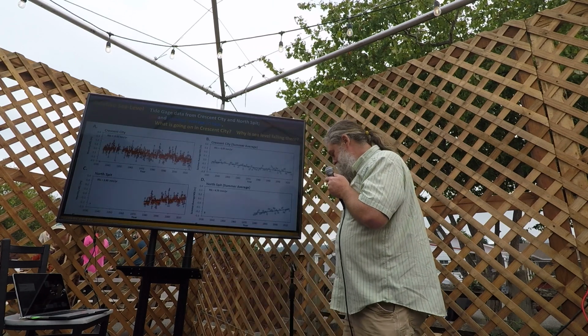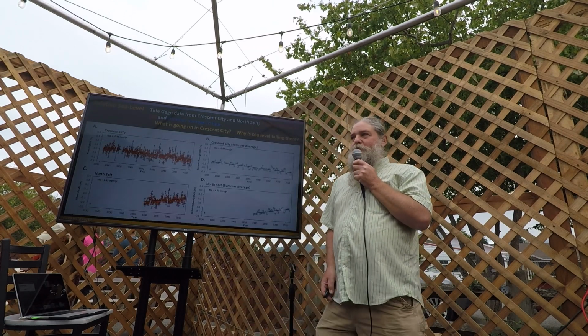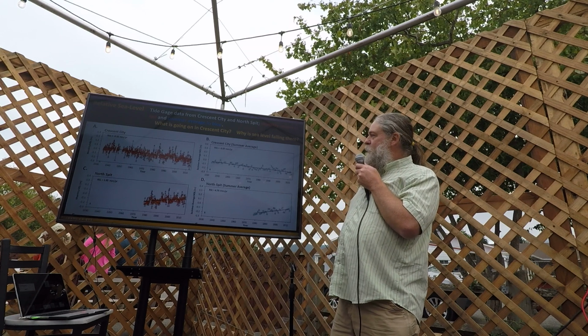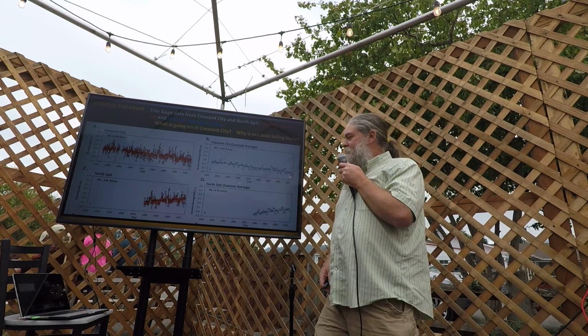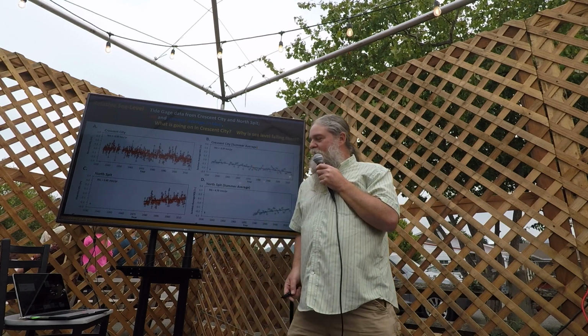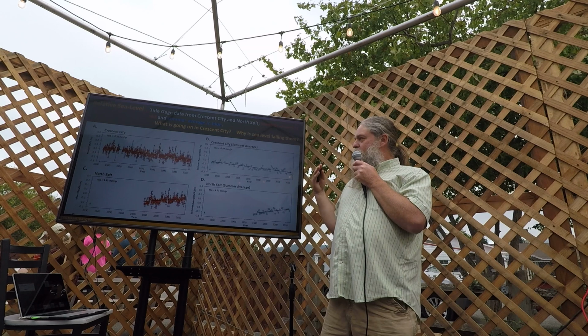So here's some plots that my colleague Jeff Anderson put together for Crescent City and the North Spit. And this was sort of the beginning of the problem, Houston, we have a problem, right?